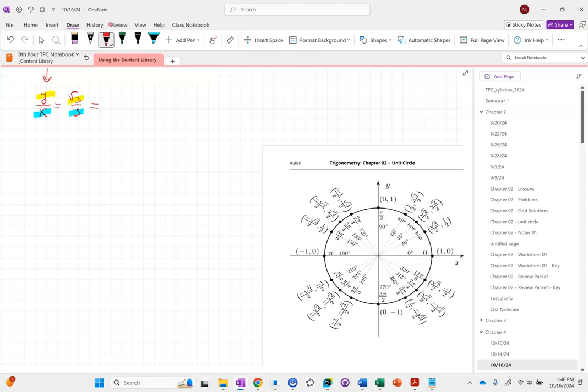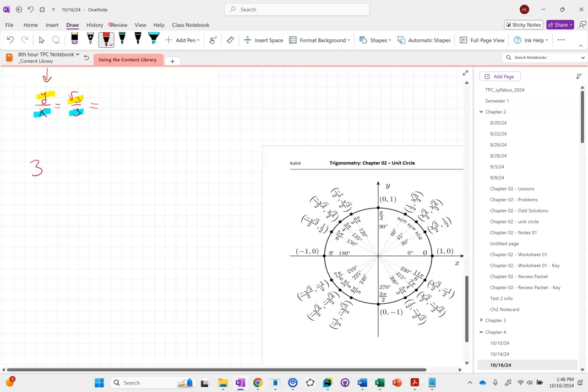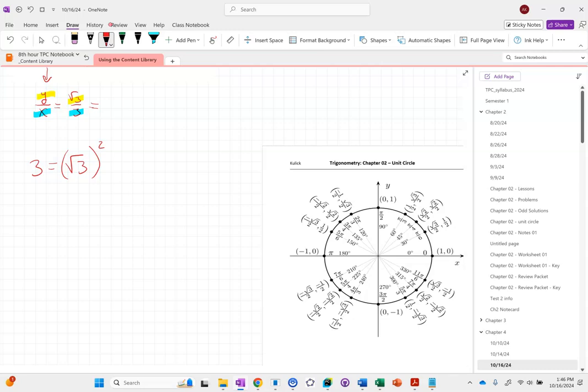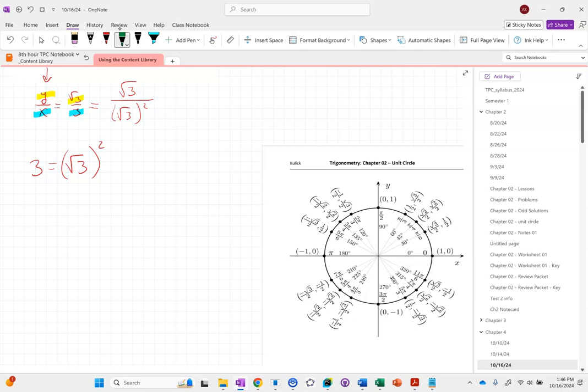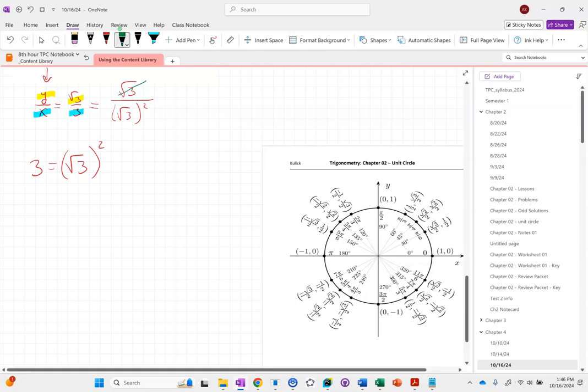So what I'm going to do is think about that 3 as the square root of 3 squared. Everybody's okay with 3 being equal to the square root of 3 squared? Yes. Now, if I have the square root of 3 over the square root of 3 squared, how can I simplify that? I can cancel, right?